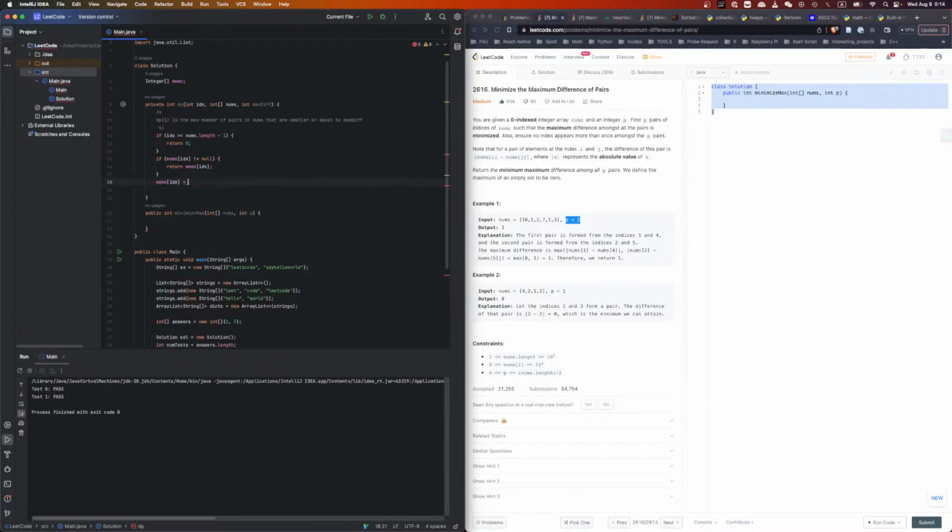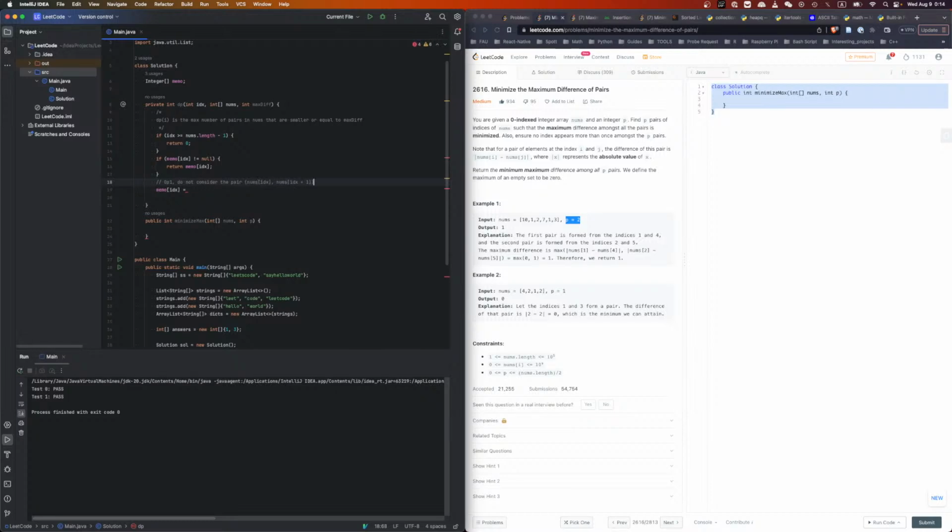I probably should first say option 1. Do not consider the current pair, nums[index] and nums[index + 1].